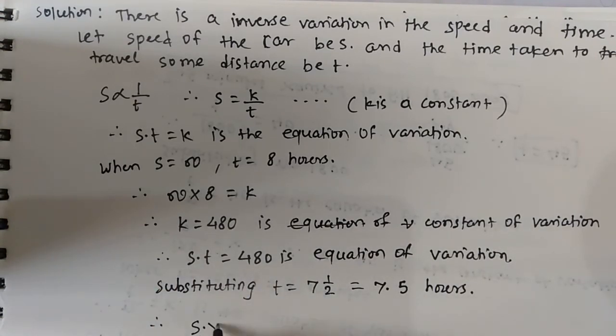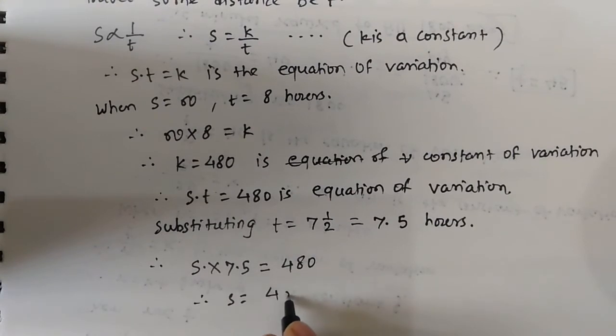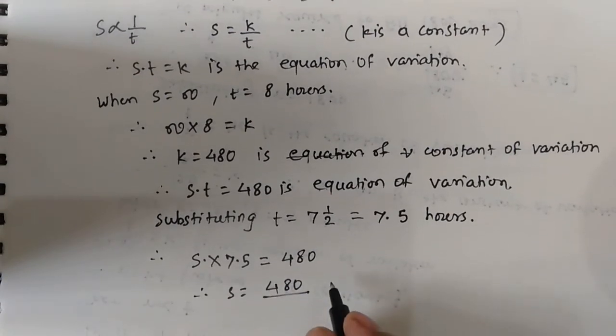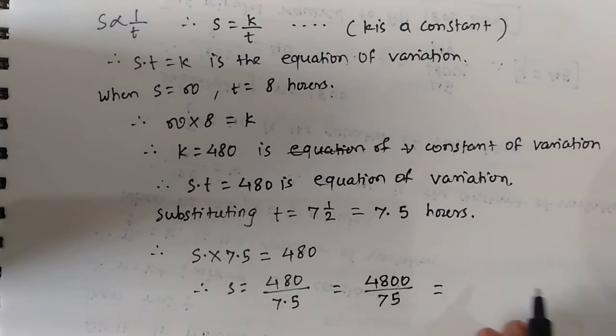So s into 7.5 is equal to 480. Therefore s is equal to 480 divided by 7.5, which is 4800 upon 75. So s is equal to 64.